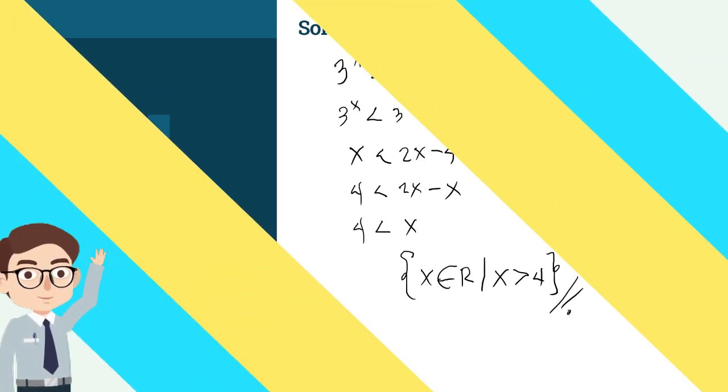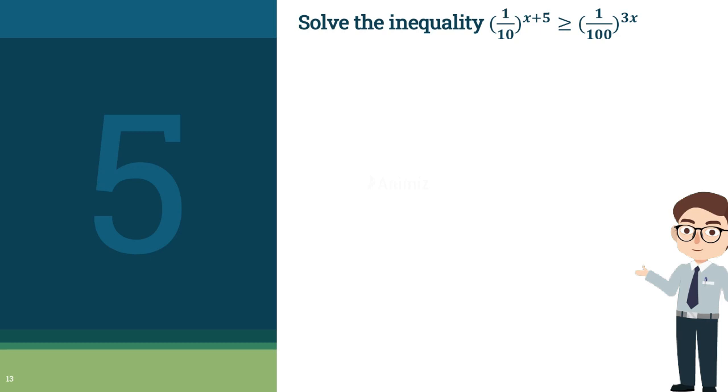final answer. Let's solve the inequality 1 all over 10 raised to x plus 5 is greater than or equal to 1 all over 100 raised to 3x.